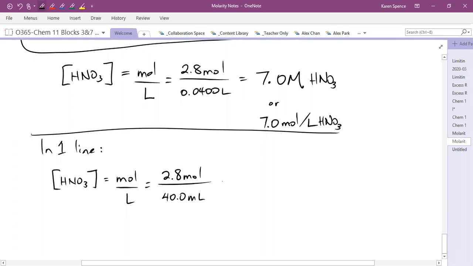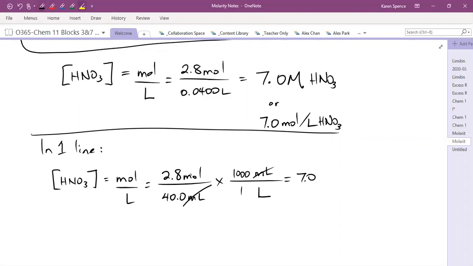But that's okay because we can convert milliliters by canceling it, and we want to have liters on the bottom, so we're going to put liters on the bottom, and there are 1,000 milliliters per liter, and that will again get you your 7.0. The units you have left are moles per liter, and that's exactly what we wanted, or 7 molar if you prefer.